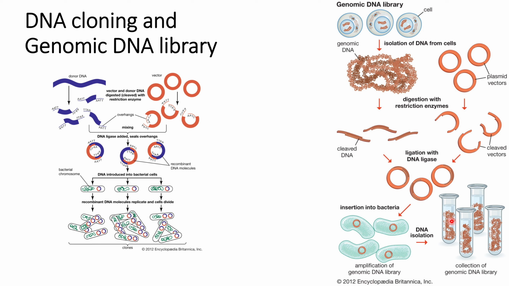This DNA will contain all three combinations, and from this we need to do further purification to purify our DNA of interest, that is, the cleaved DNA with the cleaved vector. So this is just an elaboration of the mixing step in simple words.